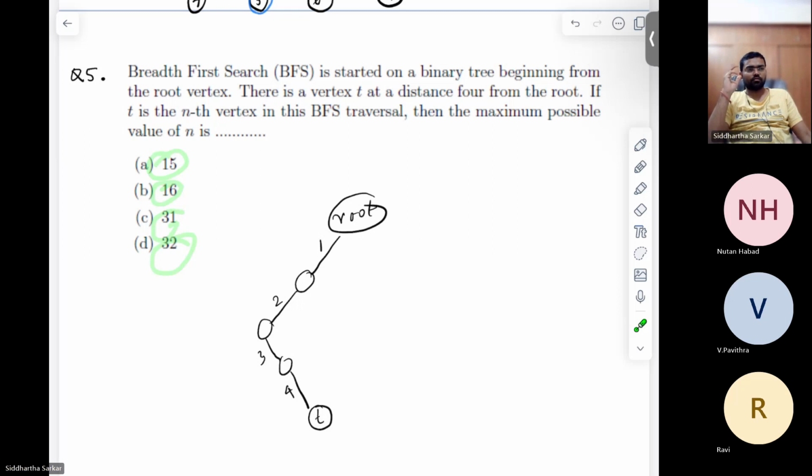That means how many vertices have come before T plus T, because you want to identify what is the serial number of T. If you do this BFS and you want to identify what is the maximum serial number of the node T.